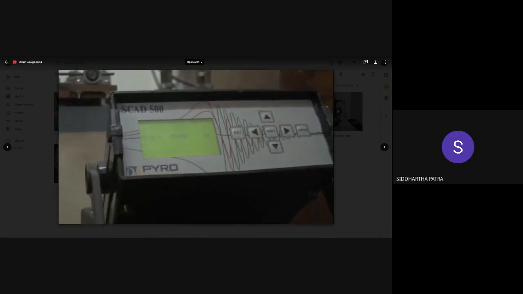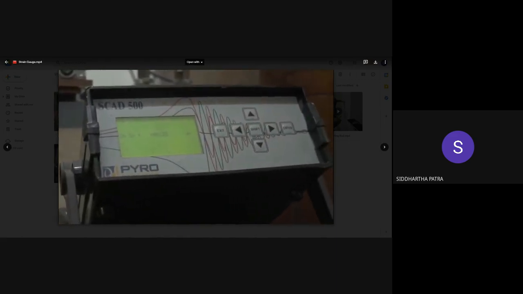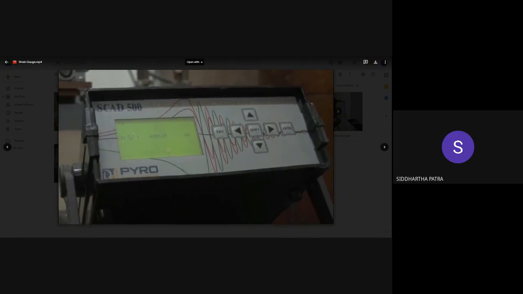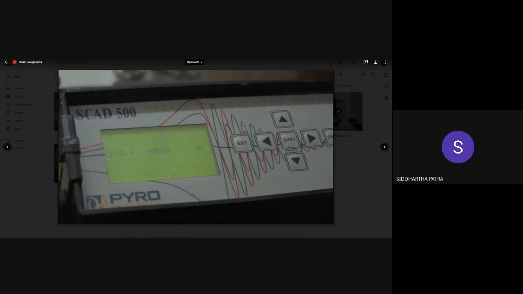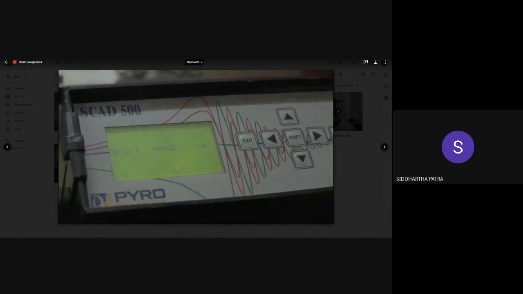Now, total loading at each point is 5 pound. The reading is 123.